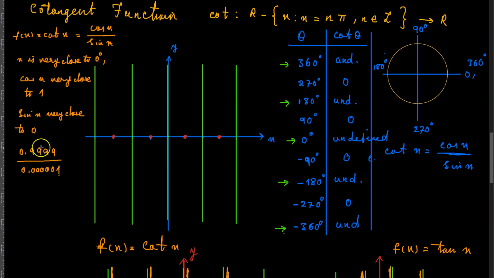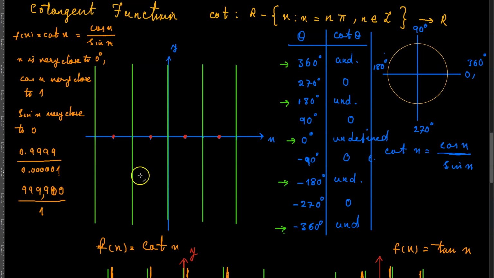So if I multiply both the numerator and denominator by a factor of, for example, 1 million, I will get 999,900 divided by 1, which is something like 999,900 or so.